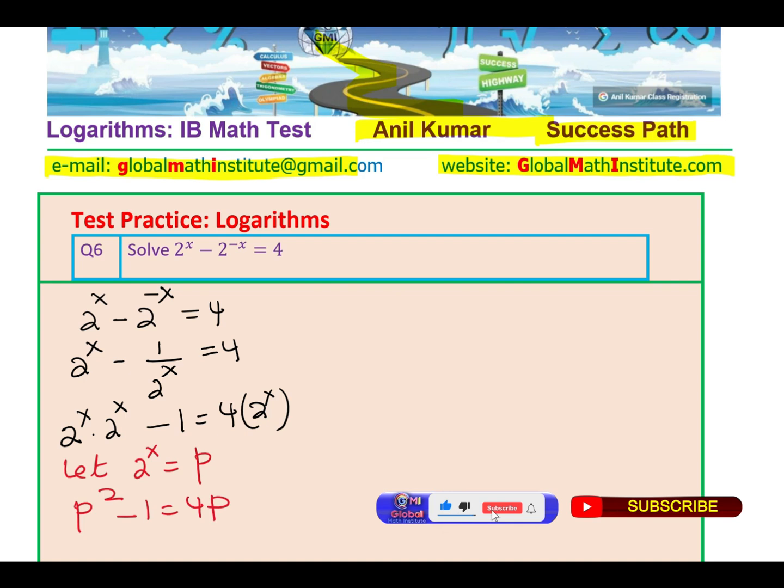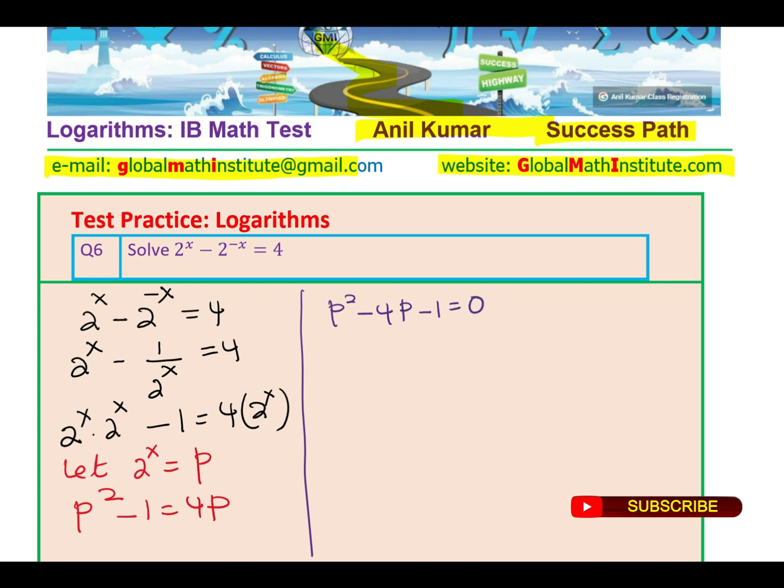Perfect. Let's rewrite this equation. We have a quadratic form: p squared minus 4p minus 1 equals 0, bringing them all together. So we have to use the quadratic formula to find the solution of this particular equation, correct?